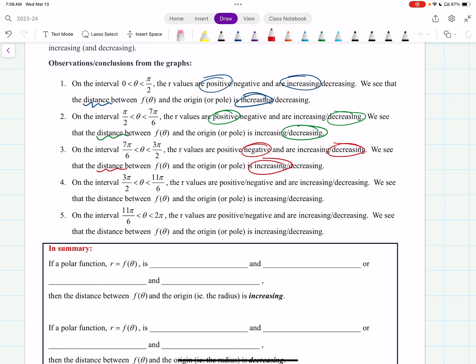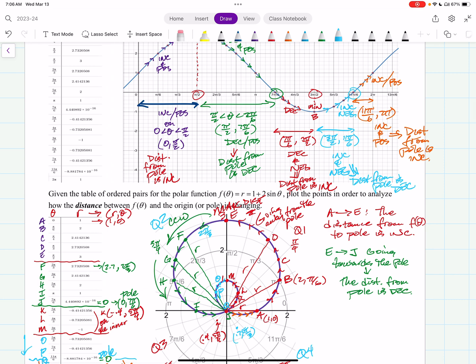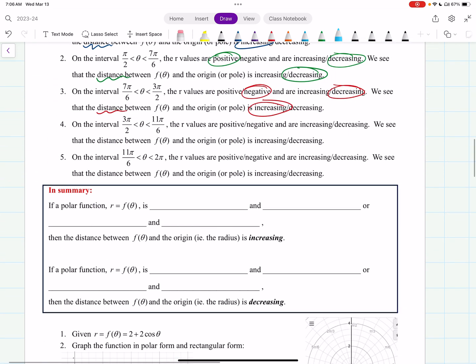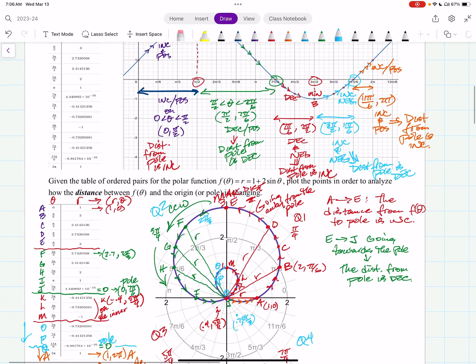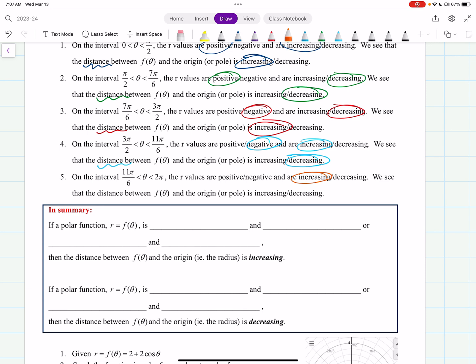And then on the next interval from 3 halves pi to 11 pi over 6, this is in blue, we saw that the function was increasing and negative, and the distance was decreasing. And the last interval from 11 pi over 6 to 2 pi, in orange here, the function is increasing and positive, and the distance was increasing.